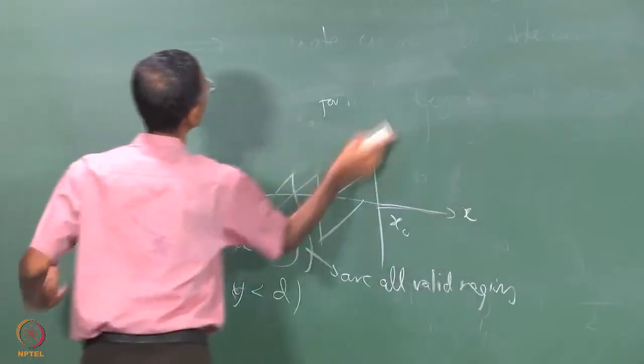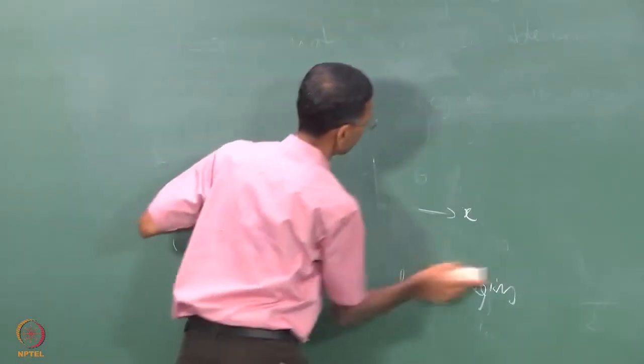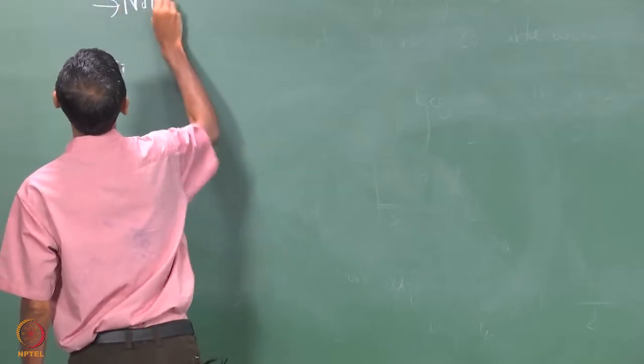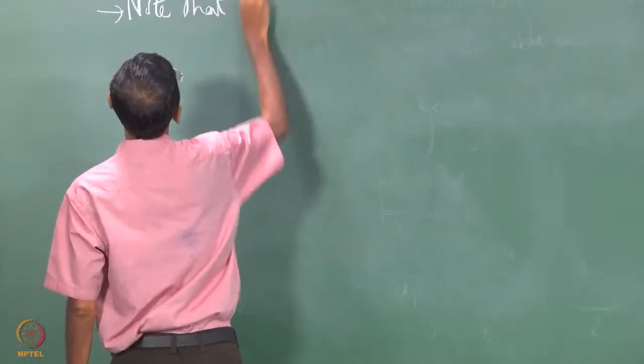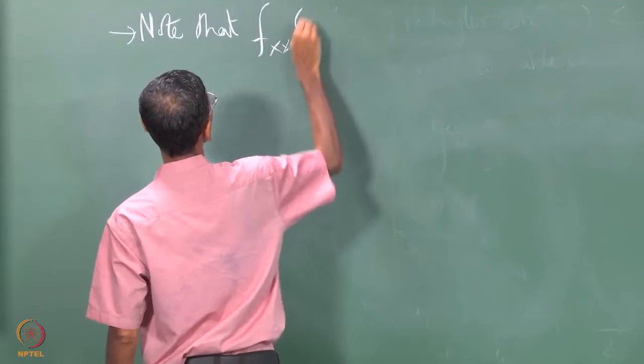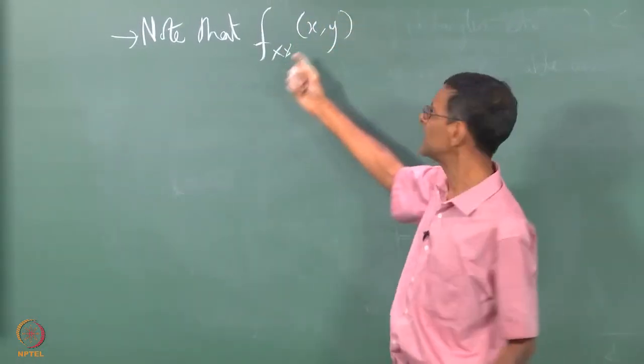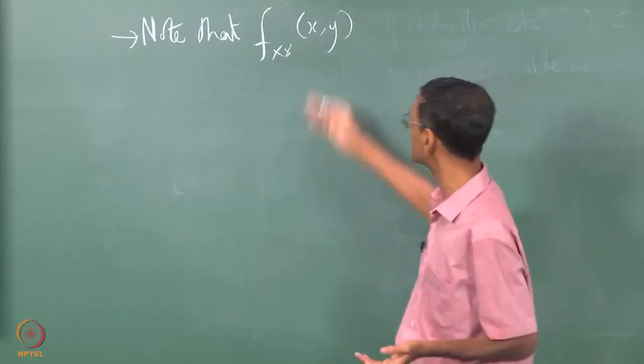So what do we know? We know that the value of f_XY(x,y) is, first of all, as in the 1D case, not a probability; it is only a density function.